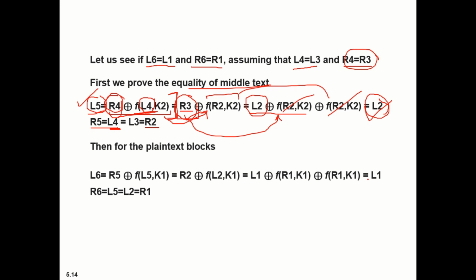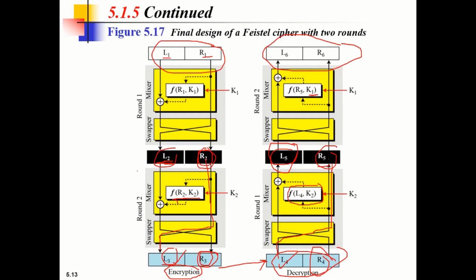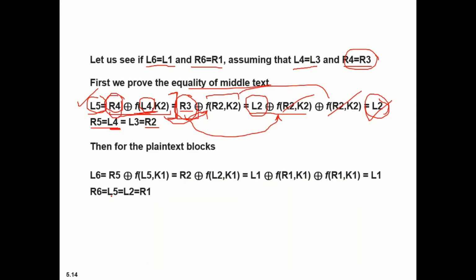Now this middle text is equivalent, right? And now we have to prove the equality of L6 and L1, and R6 and R1, right? So how can we prove it? Say if we take the right part first, R6 is equal to L5, which is equal to L2, and which is equal to R1.